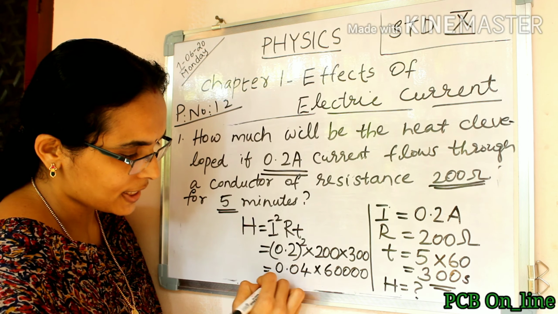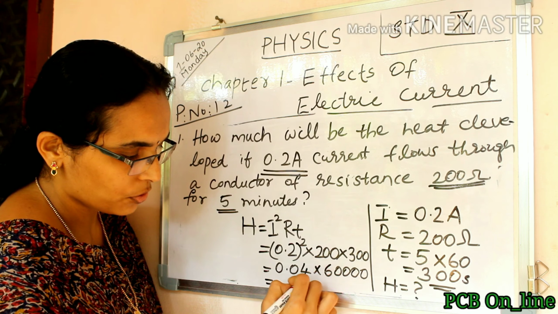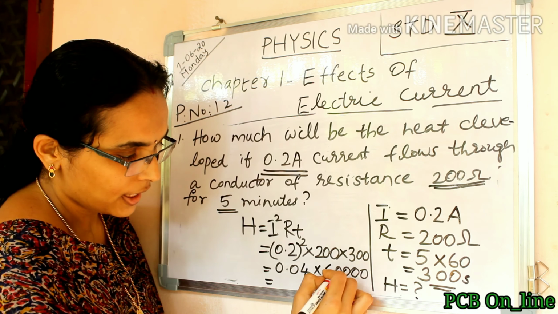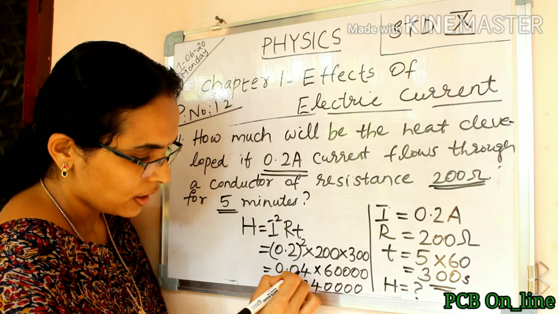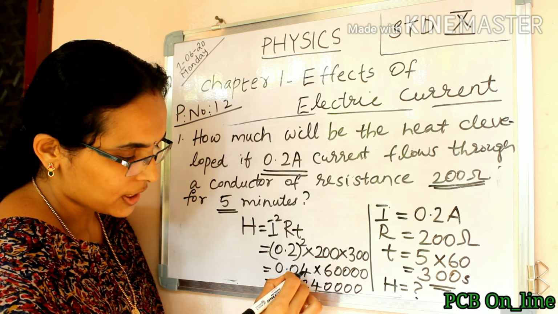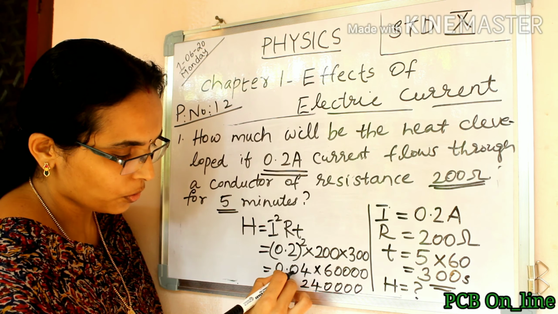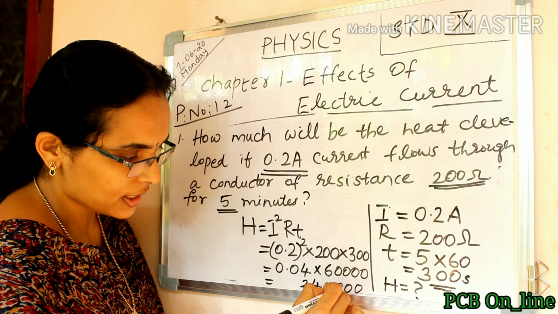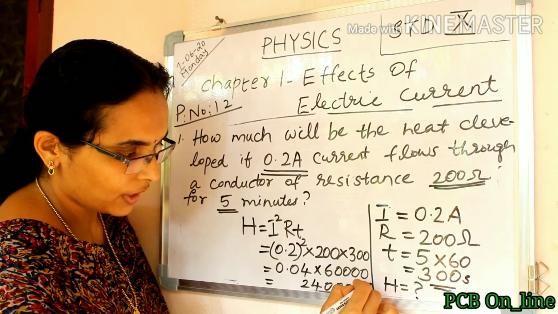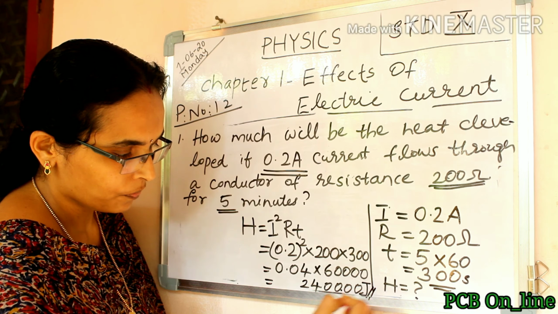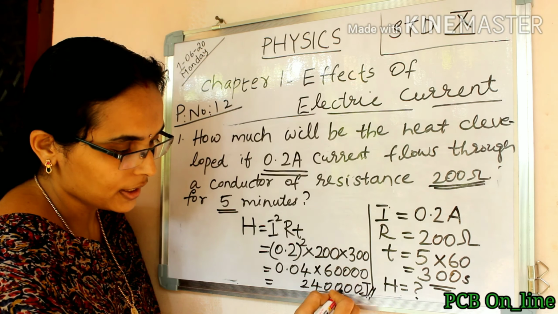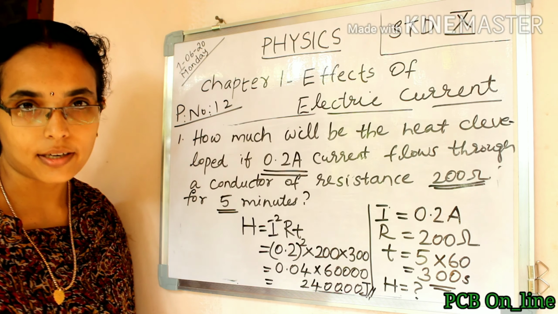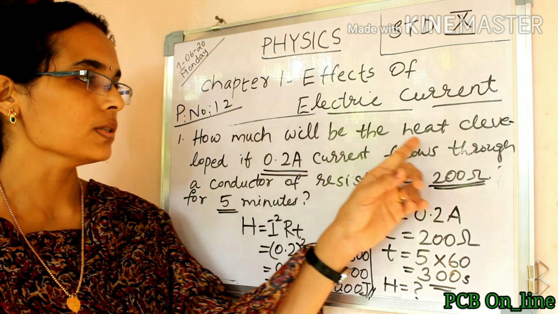Now what will be the answer? 6 into 4, 24. Then put these 4 zeros. Now we have to fix the decimal point for 2 places, and the unit is joule. That is, the answer will be 2400 joule. This much heat energy will be developed across this conductor.